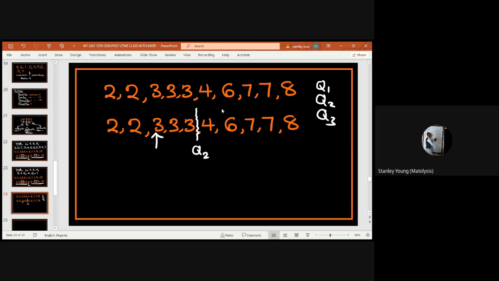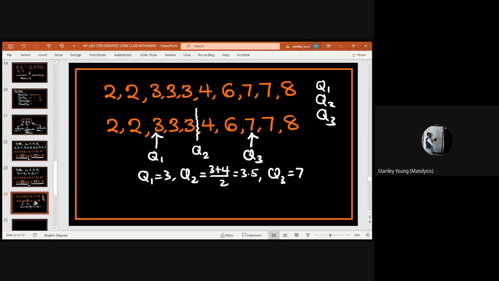Then somebody should give me the middle number of what we have to the right here. 7. That's correct. So this would be our Q3. So in this figure, we have Q1 to be 3, Q2 to be 3 plus 4 over 2, making it 3.5, and Q3 to be equal to 7.